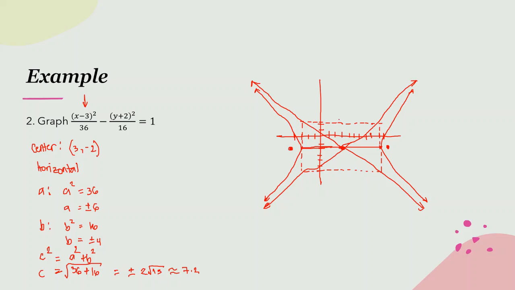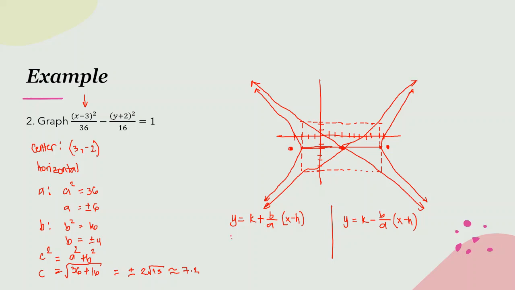So next one is we have to find the equation of our asymptote. Since this is a horizontal transverse axis, we'll be using y is equivalent to k plus b over a times x minus h. The other one is y is equivalent to k minus b over a times x minus h.